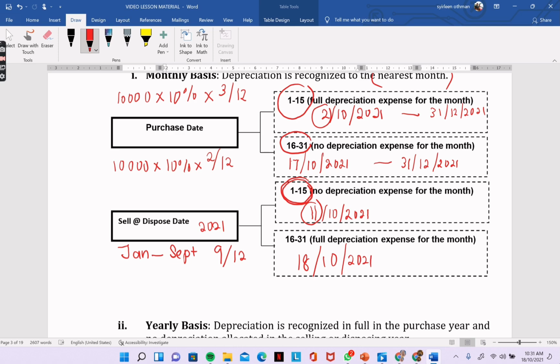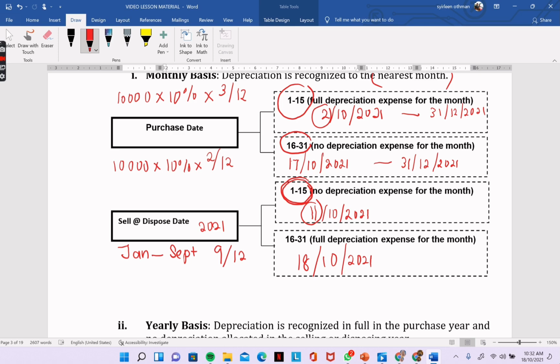Alright, so because you are disposing the asset towards the end of the month, so it is considered one full month. So if I were to dispose the asset on the 18th, which is between 16 until 31st for that particular month, so my depreciation expense, sebab asset tu dah memang ada dengan kita, so we are going to sell the asset, nak jual atau nak trade in. You no longer need the asset.